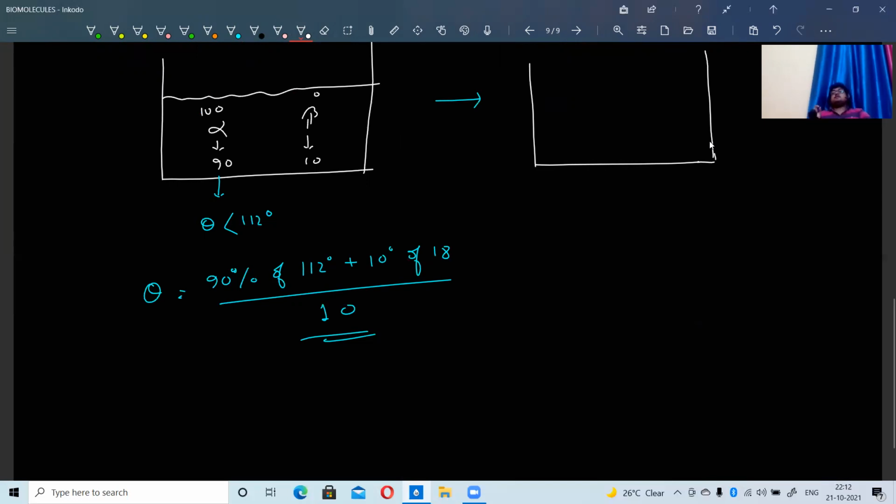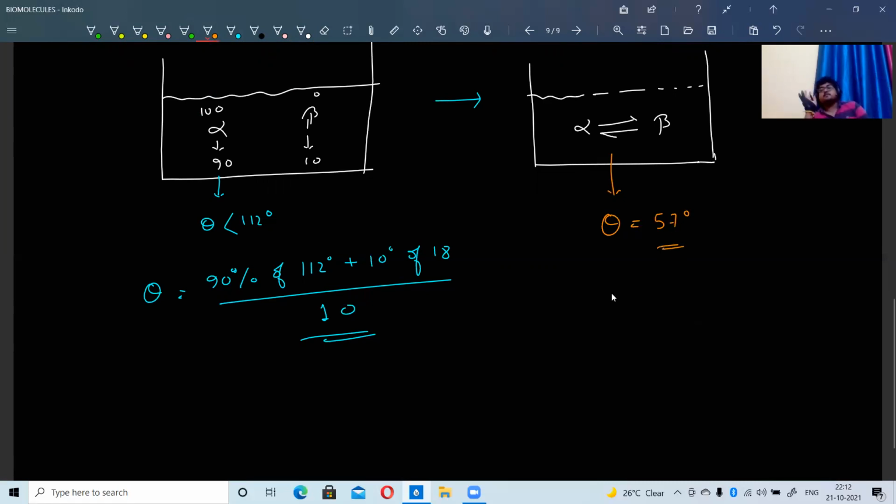When alpha and beta form equilibrium, this rotation will be stopped. And at this particular time, when the theta value is measured, its value becomes 57 degrees.